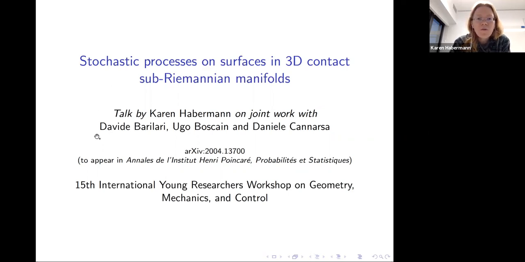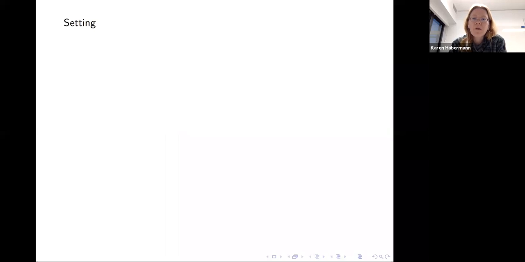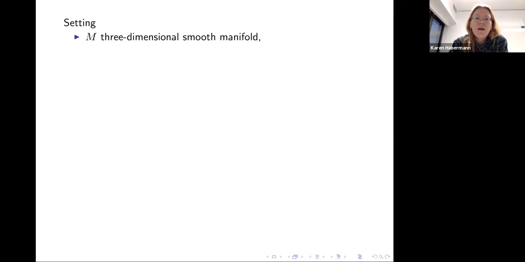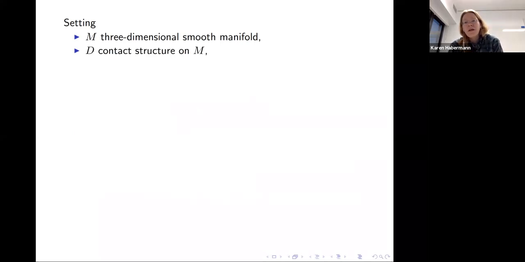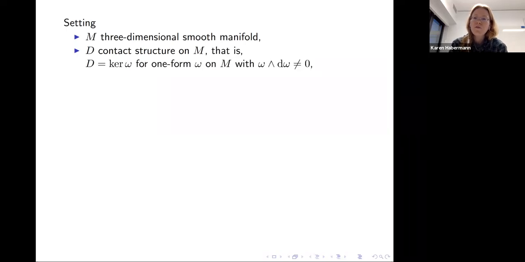To start off with what our setting is concretely, we start with a three-dimensional smooth manifold M, and then we equip this manifold with a contact structure. So D is a rank 2 distribution, which is given as the kernel of a non-degenerate one form on M. Then (M, D) is a contact manifold, which we additionally equip with a smooth fiber inner product, which lives on the distribution D. So it's not a metric on the full tangent bundle.